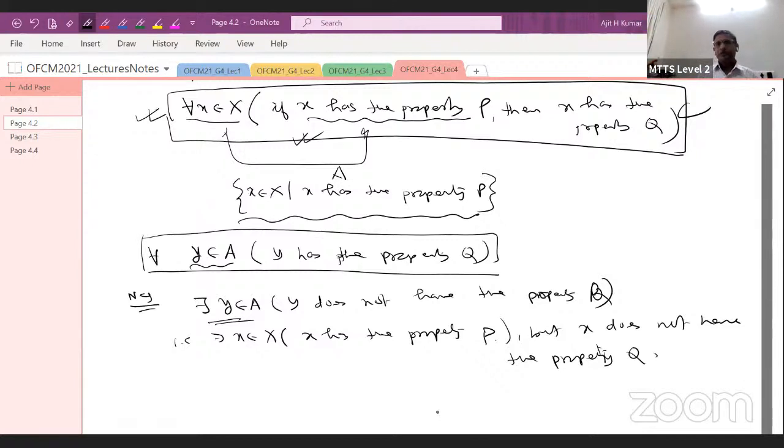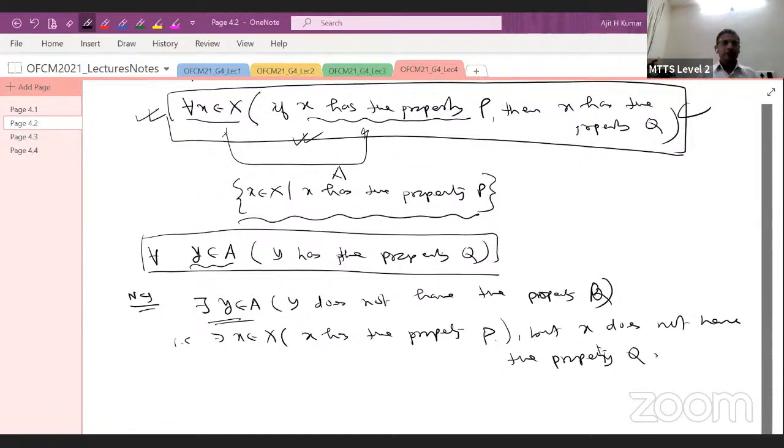So you see that in order to write the negation easily, we thought of combining this, and it helps. If you look at the previous class also, we were dealing with a pair of real numbers satisfying a certain property regarding the density of rationals.